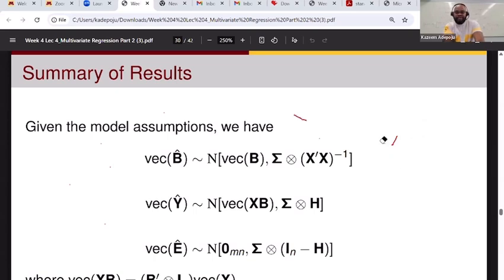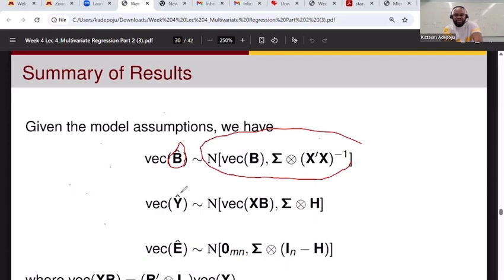So these are the distributions of the characteristics of interest if your interest is on the estimate of the parameter of the linear regression in the multivariate setting. We know it follows normal distribution with the mean and the variance.